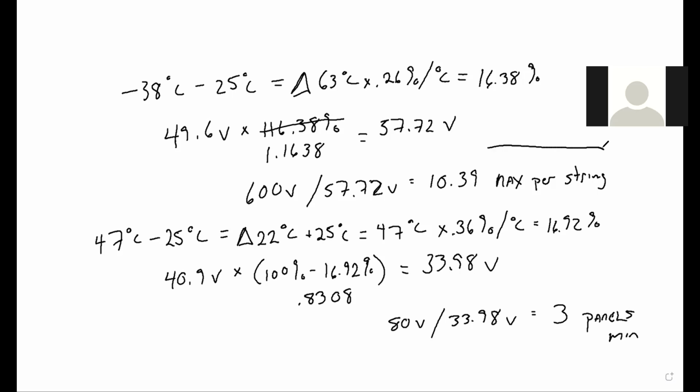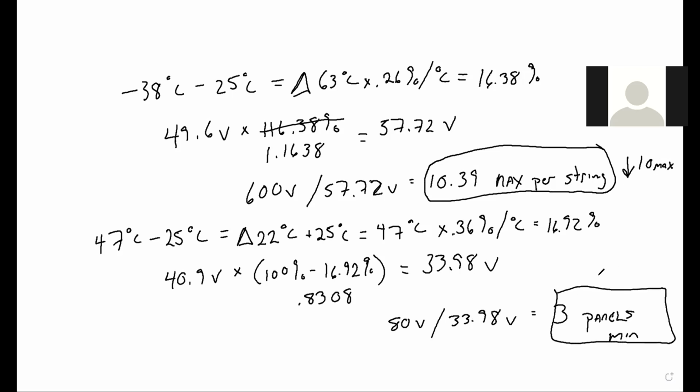And for the 10, remember, we have to round down. So it's 10 maximum, 3 minimum. Those are our string options if we go with this particular inverter. Okay, hopefully that makes sense.